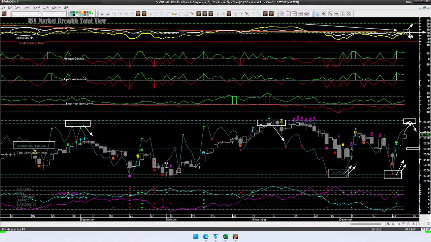What kind of stocks are in favor? If you remember my last market roundup, I mentioned that it looks like the small caps are going to outperform. That is what I mentioned in the previous market roundup. That indeed happened. The cyan line, that is small cap versus large cap, tilted up this week.